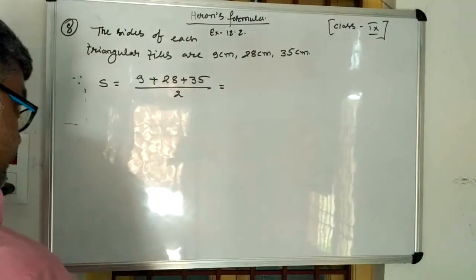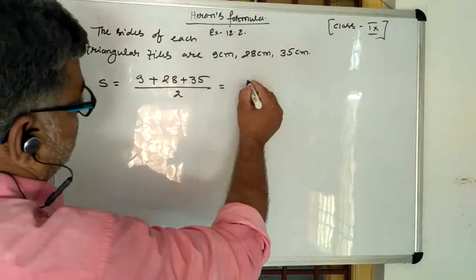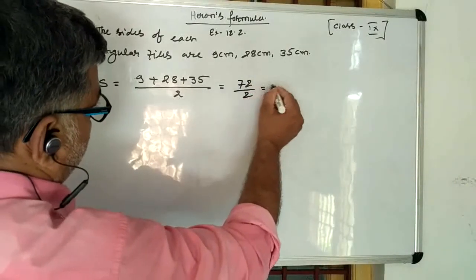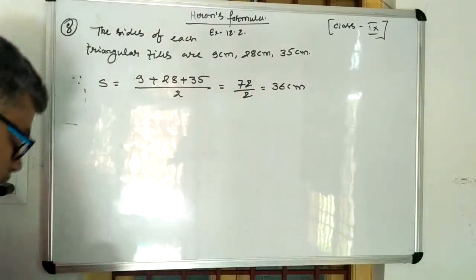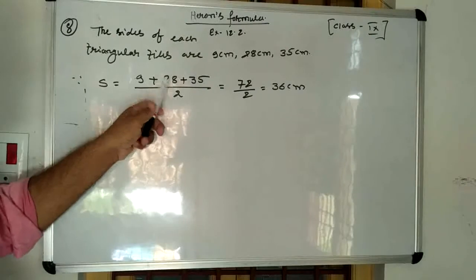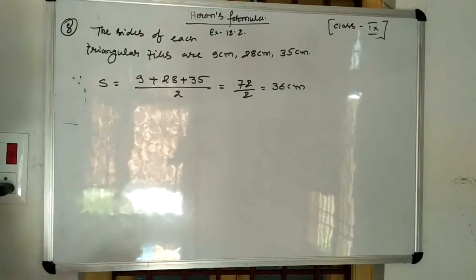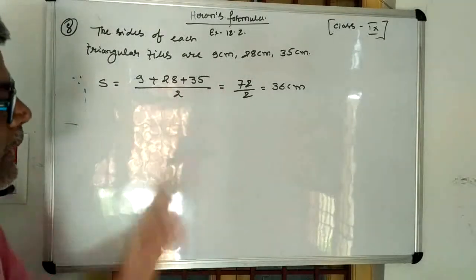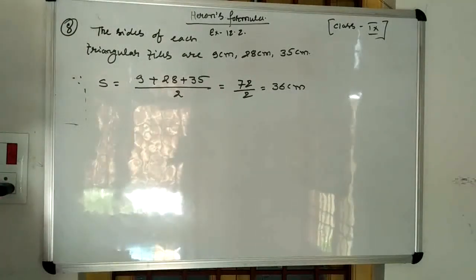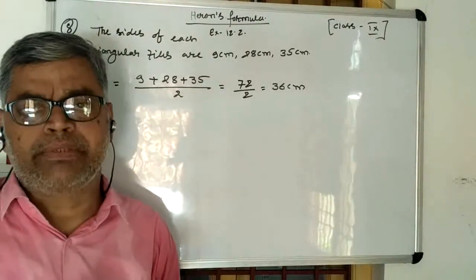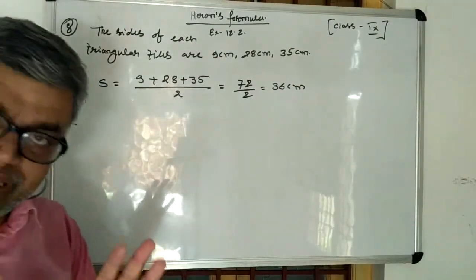When you add 9 plus 28, it will be 37, and 37 plus 35 will be 72. So when you divide 72 by 2, you will get 36 centimeter as the semi-perimeter of the triangular shaped tile.